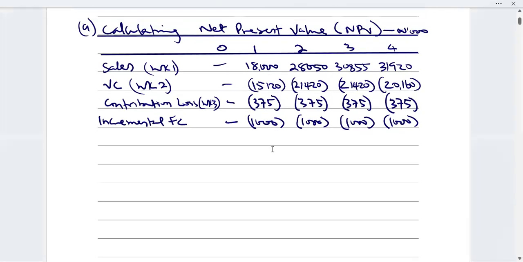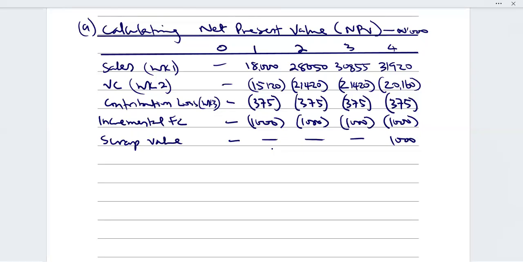In this question we don't have tax, so there's no need to determine profits, just ignore. So I can then come here to say scrap value is 1 million naira at the final year.